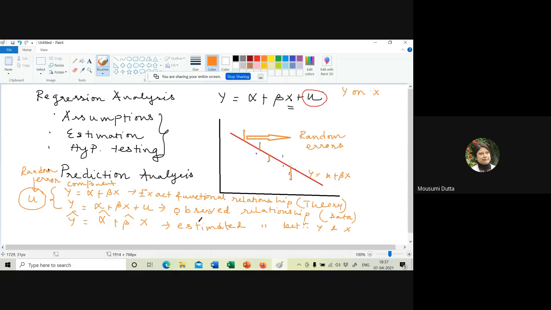Okay, now there may be reverse regression as well. Later we will talk about these two. This is the reverse regression, and in this case we will consider the horizontal distances as errors.